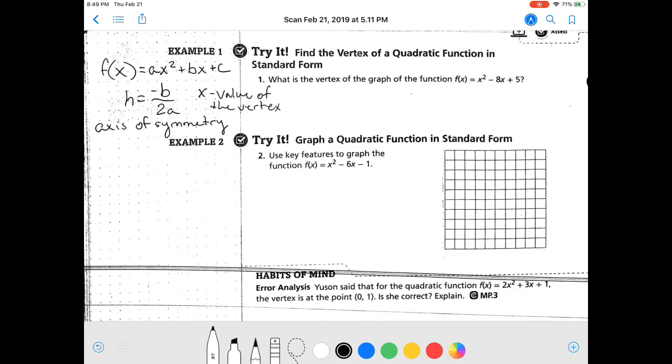So first thing I'm going to do is label my a, b, and c values of this quadratic in standard form. The x squared is going to have my a value, the negative 8x is my b value, the 5 is my c value.